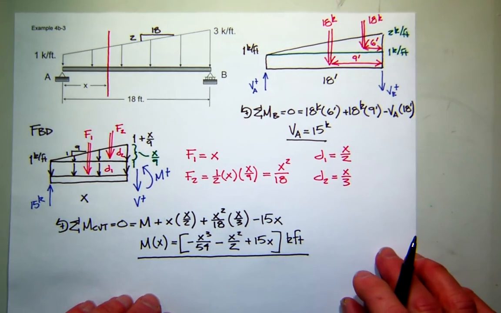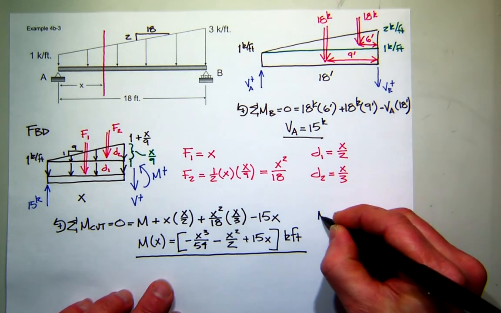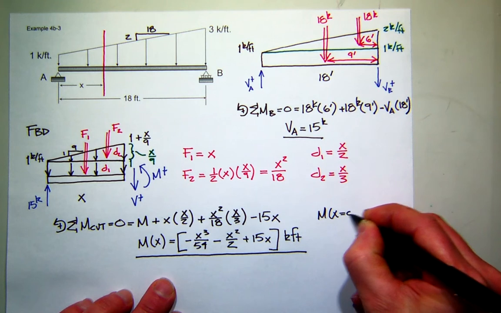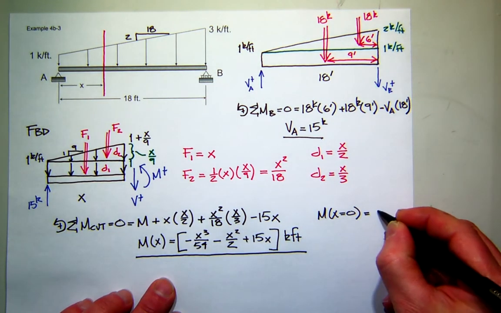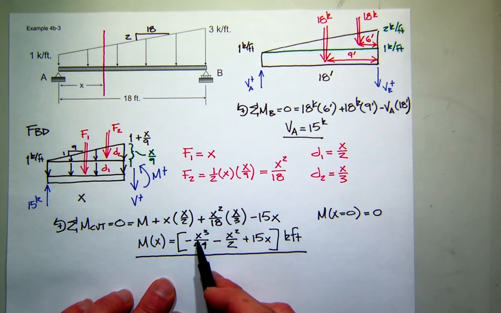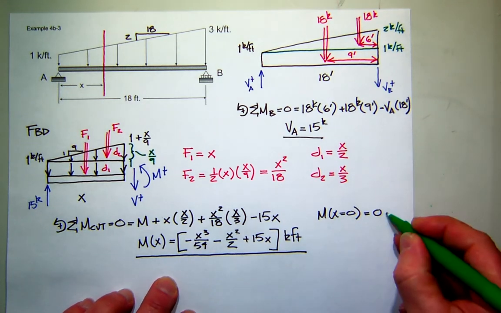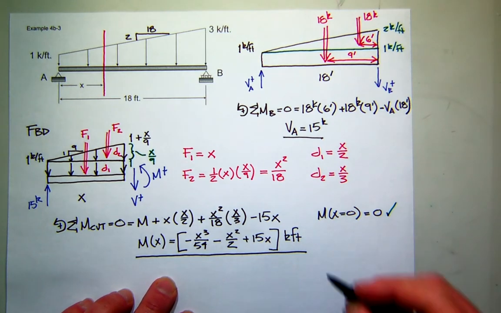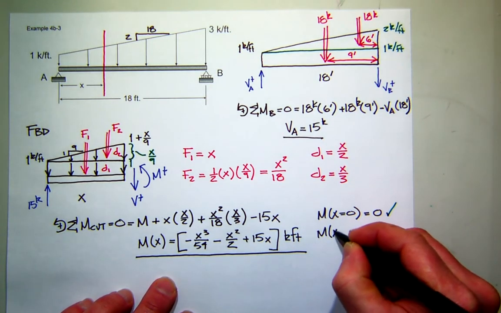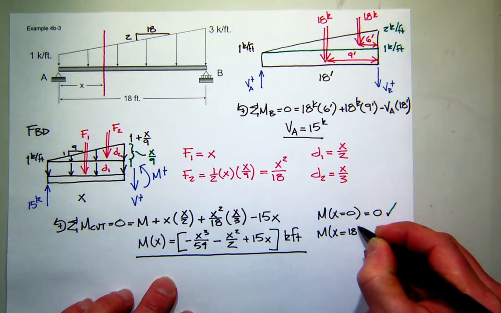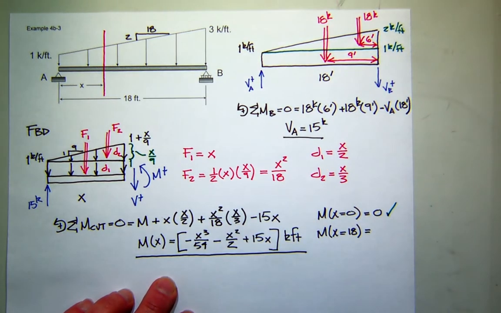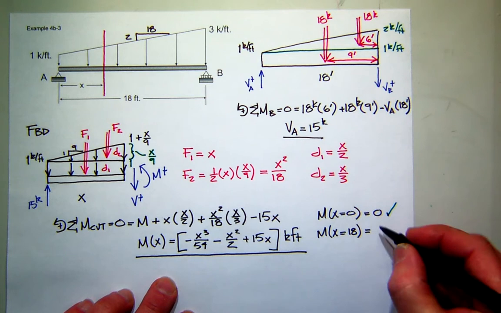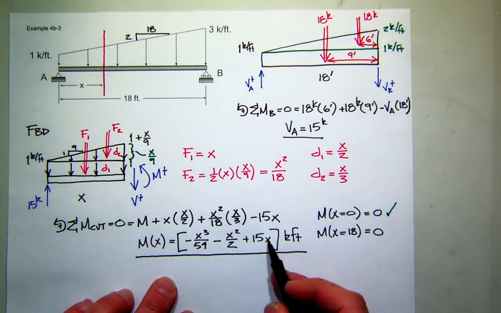Think that's good? Well, we know some things. What's the moment at x equal to 0? At a pin. Better be 0. Put in x equals 0, 0, 0, 0. That checks. What is the moment at x equal 18? A roller. What's the moment at a roller? 0. Put in x equal 18. What do you get?